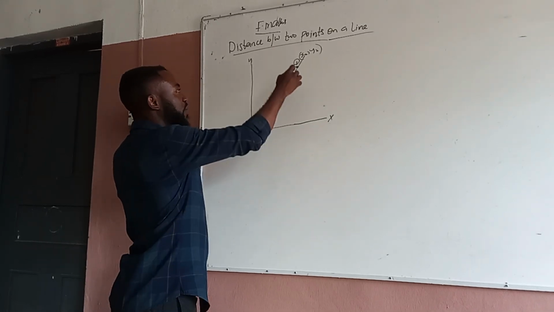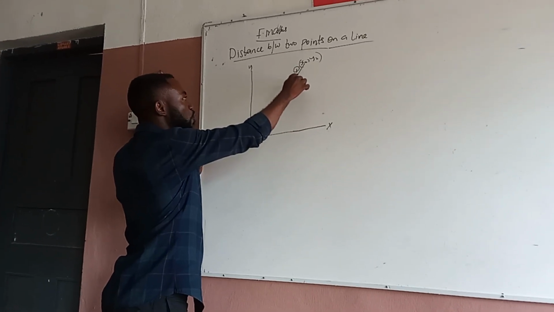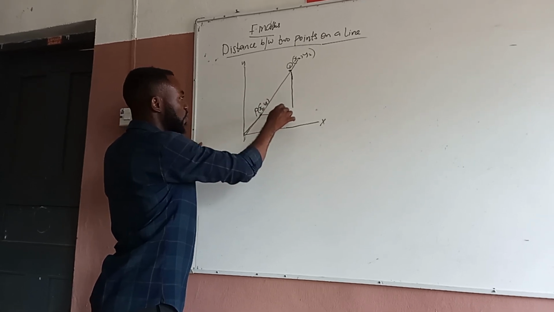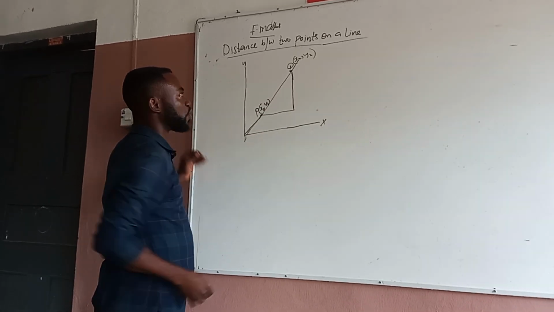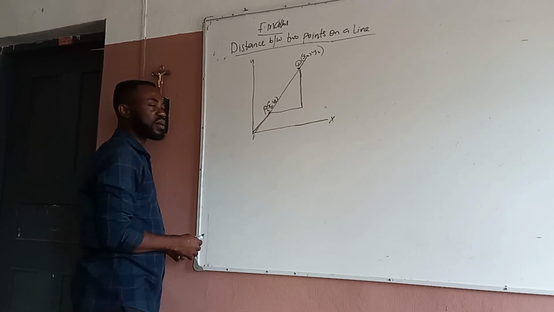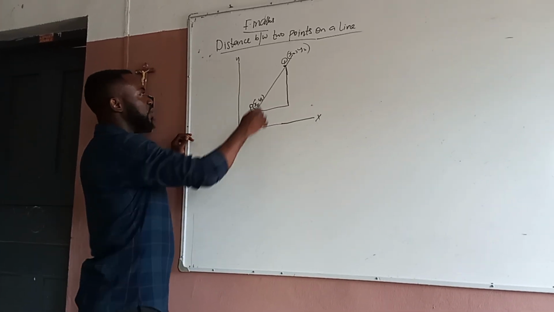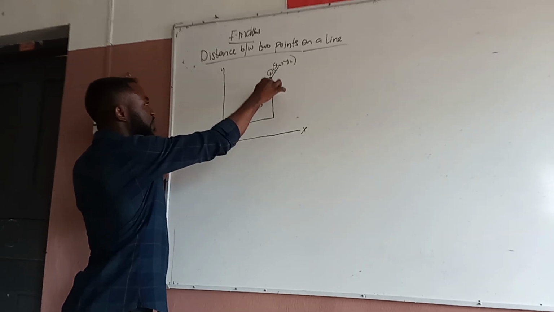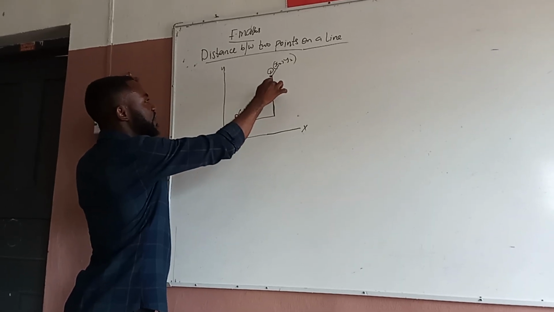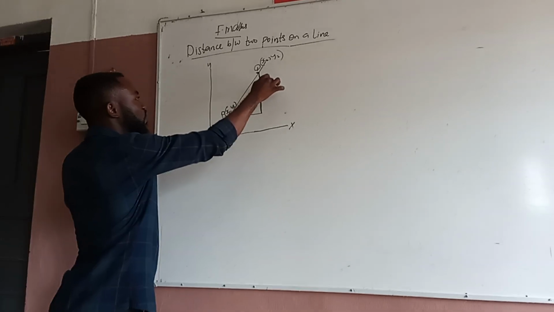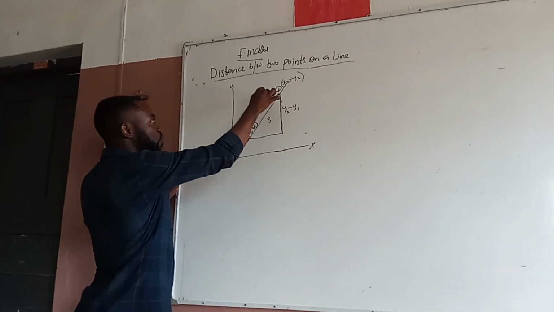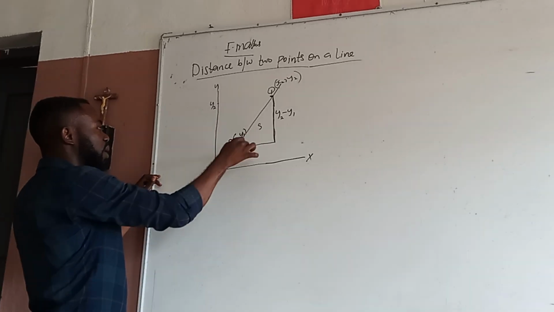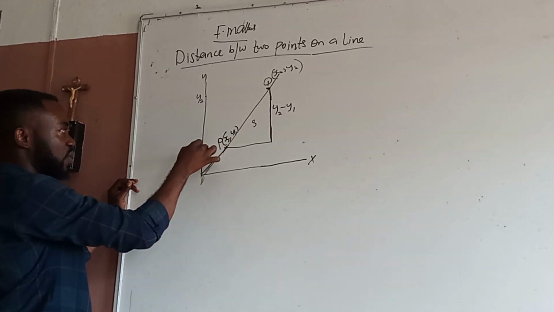That reminds us about the slope, determining the slope of a straight line, wherein we make the right angle triangle with the reference line or point. With this slope, we know that the distance from here to here is given by y2 minus y1. y2 is this point where we ended, and y1 is this point where we started.